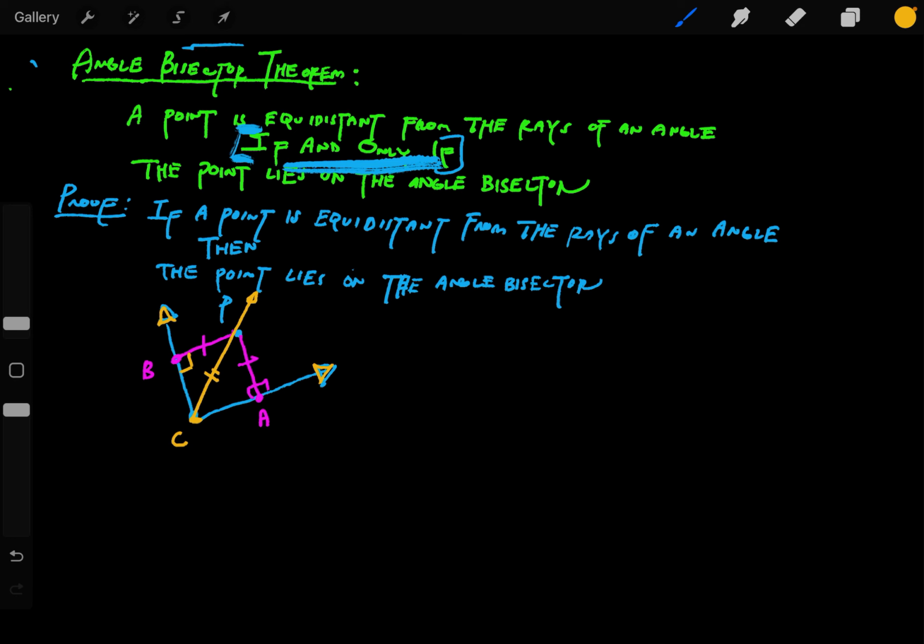I'm going to say since P is equidistant from the rays, I know that PB is congruent to PA.